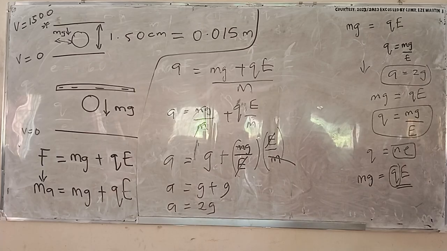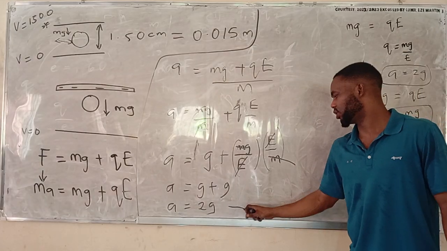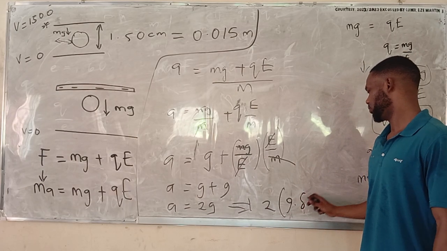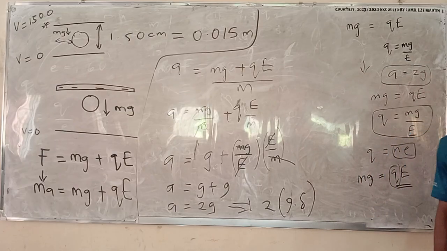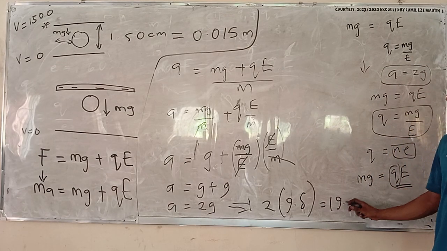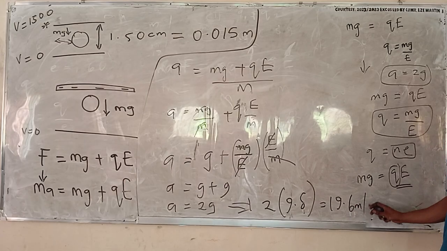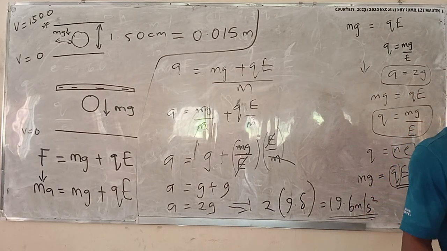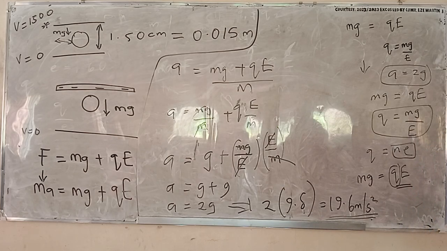Very simple. There is no need to kill yourself trying to solve. So 2 times 9.8 is 19.6 meters per second squared. That's just what I'm trying to get at.